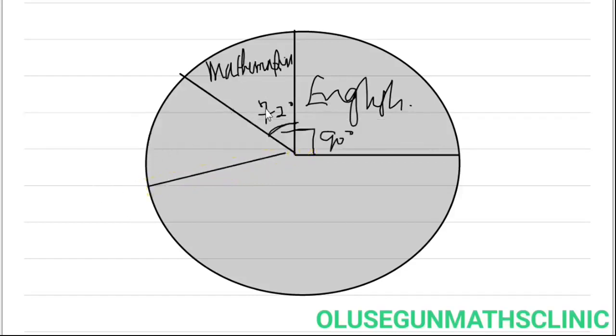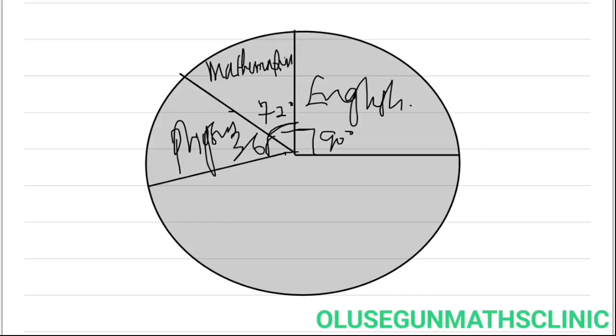So now, this gives us 36 degrees. Let's join it. We have 36 degrees. That is physics. Physics is 36 degrees. And French is 54.